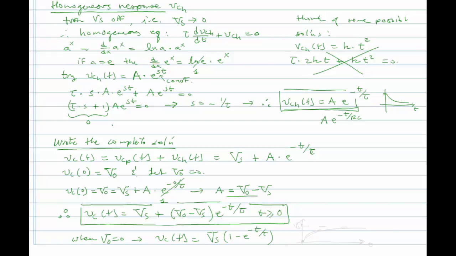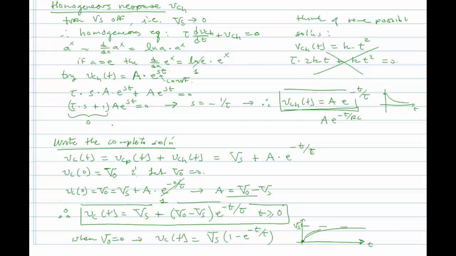All right, what does this look like? 1 minus e to the minus t over tau evaluates to 0 at time 0 and evaluates to 1 at time infinity. So this is going from 0 up to an asymptotic value of Vs, just as we surmised or intuitively determined at the beginning when we were just looking at the circuit and prior to writing an equation. So this is good news.